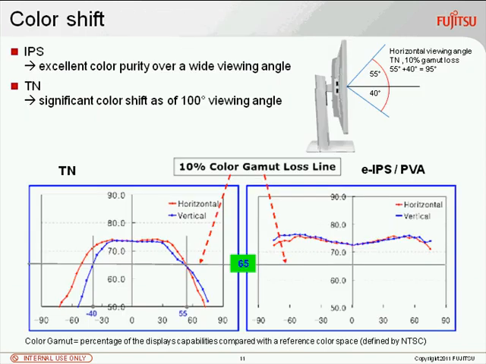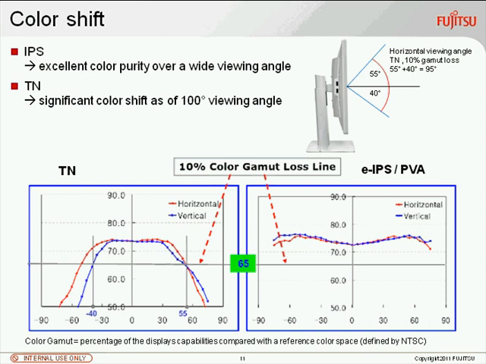So I already said to you in the last slide that color shift is one of the very important differences between TN and IPS or PVA. This shows a TN example on the left side, and an IPS example, PVA is quite similar, on the right side. What does it show? It shows the so-called gamut.